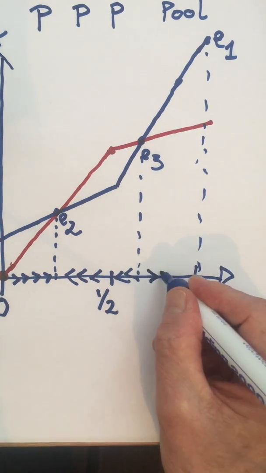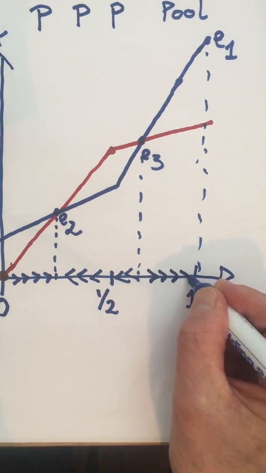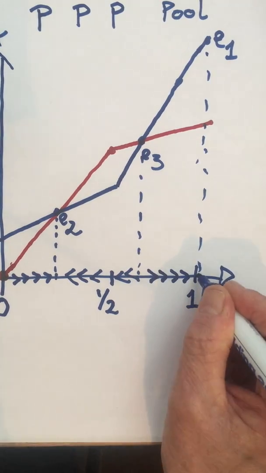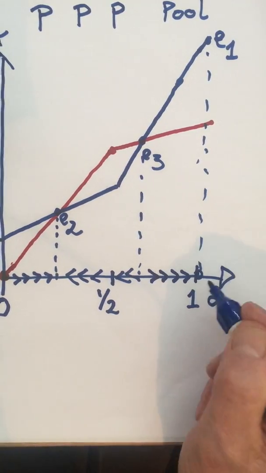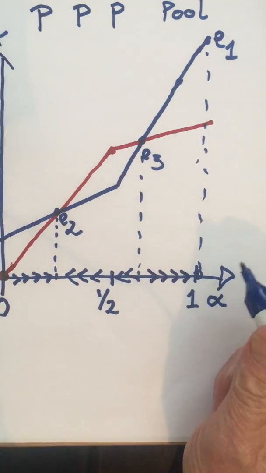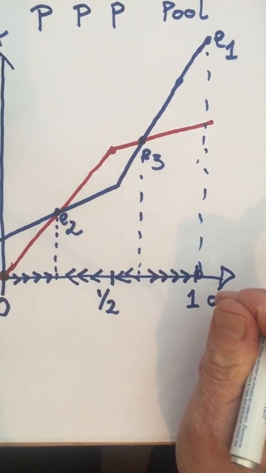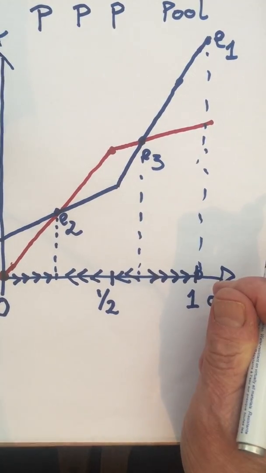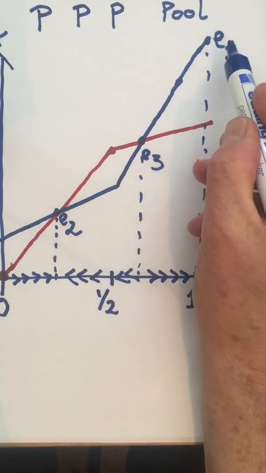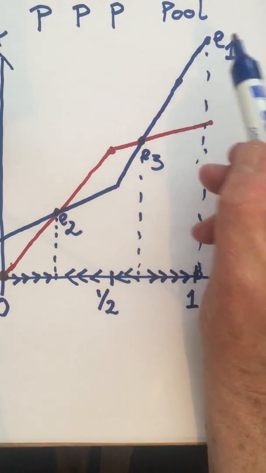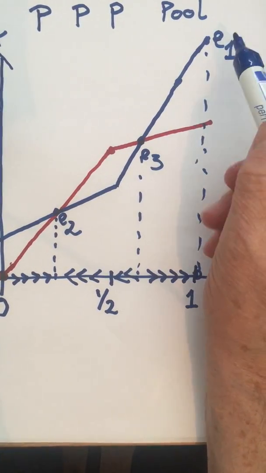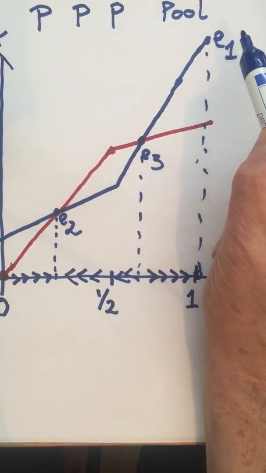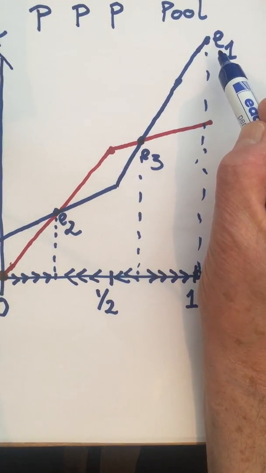So in that case, you move up, up, up, up until you reach the situation with alpha equal to 1, where every entrepreneur is a producer rather than a parasite. So we have 3 intersection points, but only 2 of them are locally stable. E1 is a good equilibrium with many producers.